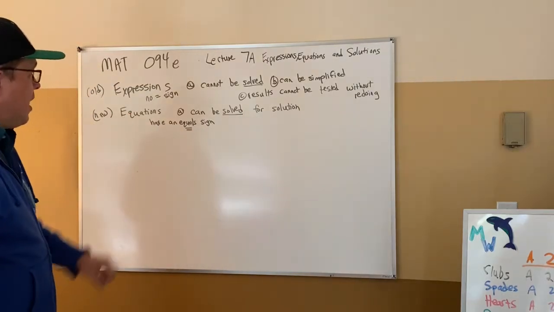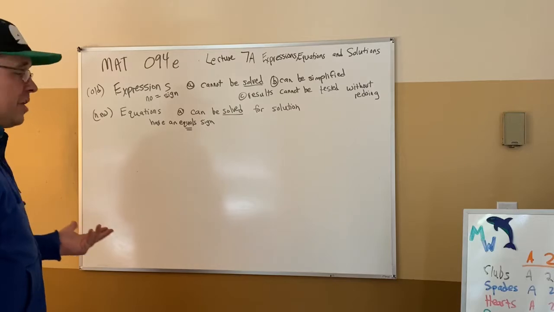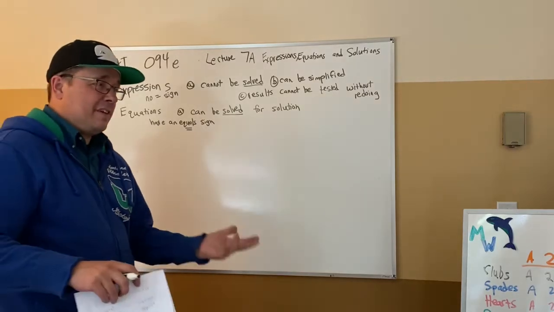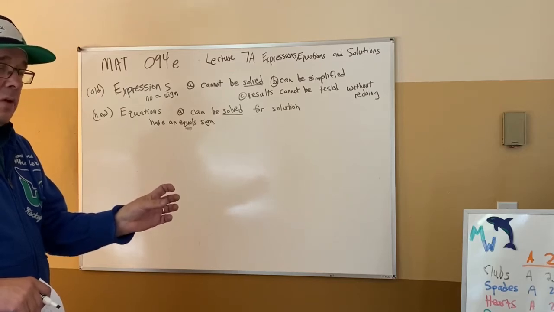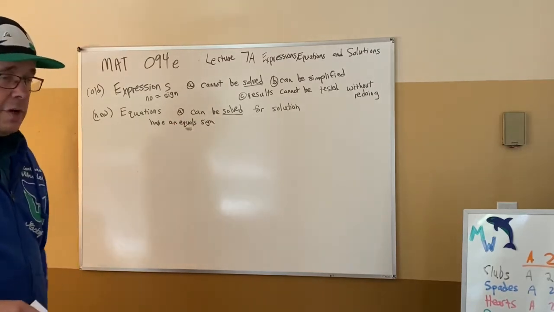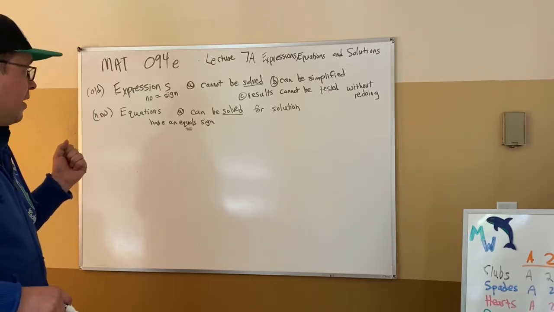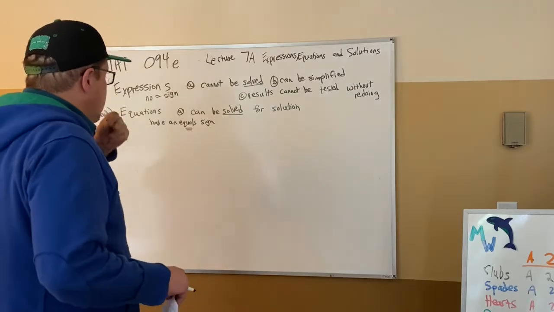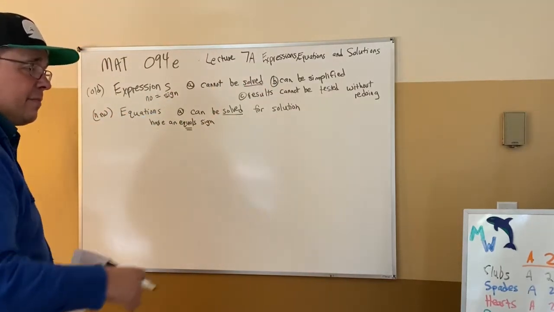An equation will have an equal sign, but there will be no equal sign in the middle of an expression. There really isn't such a thing as a middle of an expression. But you'll have two sides of the equal sign whenever you have an equation. It could have as little as one digit or the number 0 on one side, but it's got to have something on each side of the equal sign. There are no two sides to the expression. They can get really long, but there's no point where it stops and says, okay, here's something I'm equal to.